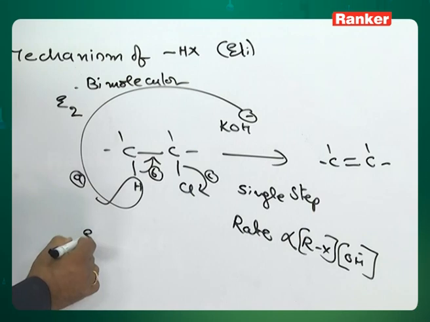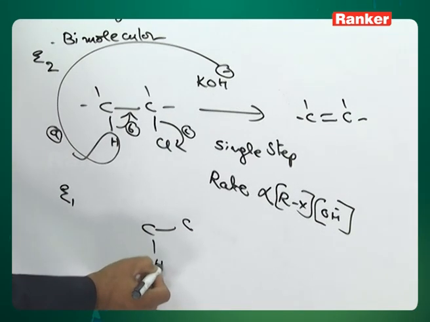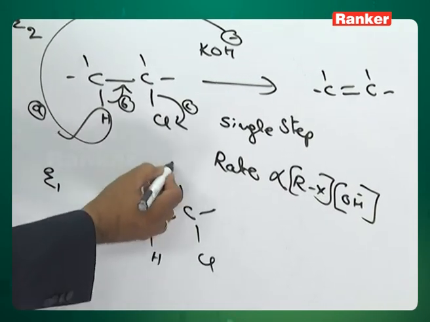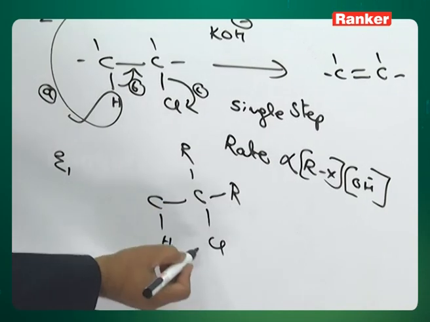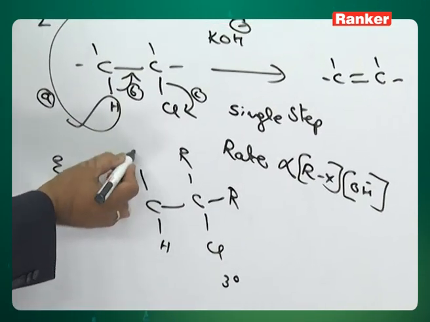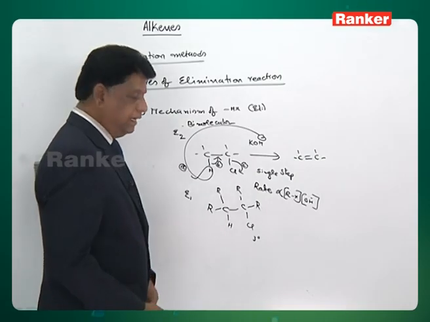There is another type of elimination, E1, whenever you are removing H and Cl. If the Cl attached carbon has so many alkyl groups like this, it is a 3-degree alkyl halide, and if the hydrogen attached carbon also has so many alkyls, it is a 3-degree carbon.